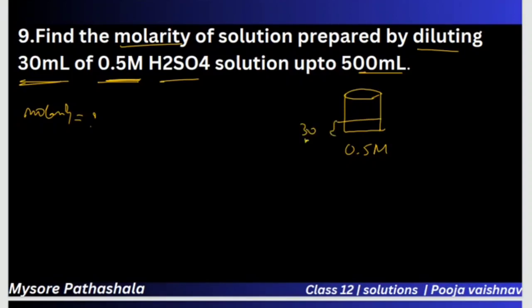If I add some water, its volume is going to increase, obviously. So how much water do we put so that its total volume becomes 500 ml? I have added some water so that its volume becomes 500.